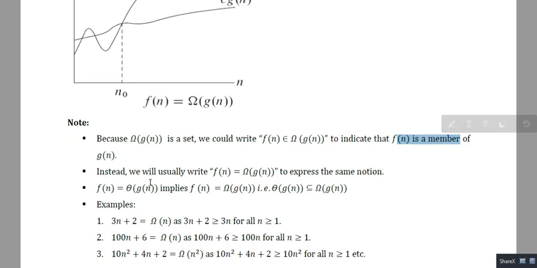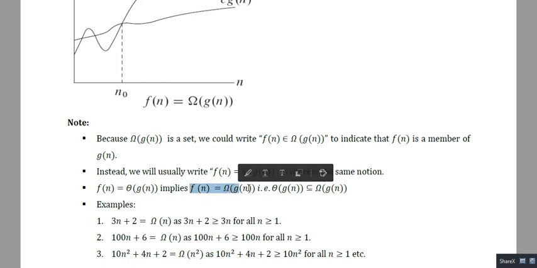And one more thing, as already told you, f(n) is equal to theta of g(n) means it gives us both asymptotic lower bound and asymptotic upper bound. So we can write f(n) is equal to big omega g(n). Also you can write f(n) equal to big O g(n), as already told earlier, right? So f(n) is equal to theta of g(n) means we can say f(n) is also big O g(n), and it is also big omega g(n).